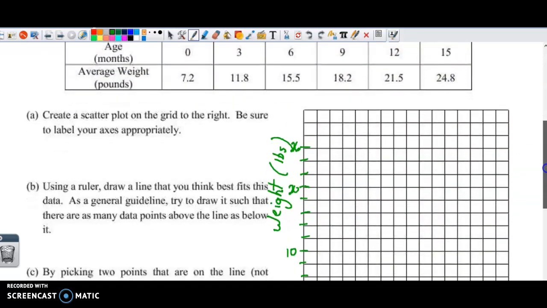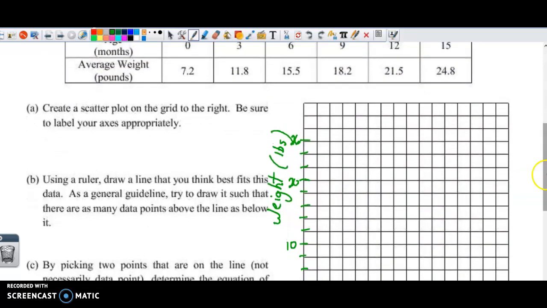So as we create a scatter plot, we're starting at 0, goes up to 7.2. So that's going to be about right here on my scatter plot. At 3, going up to 11, really close to 12, 11.8. At 6, up to 15. I think that's about right here.